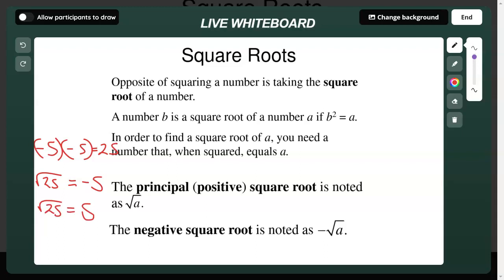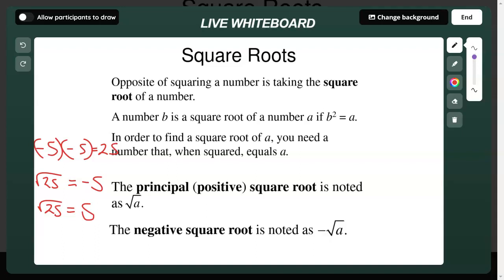So we have to have a way to differentiate between the two. Which answer do we want? It depends on the scenario. For now, I'm going to tell you. We have what's called the principal square root and the negative square root. It's going to want whichever one based on whether or not there is a negative sign in the front.